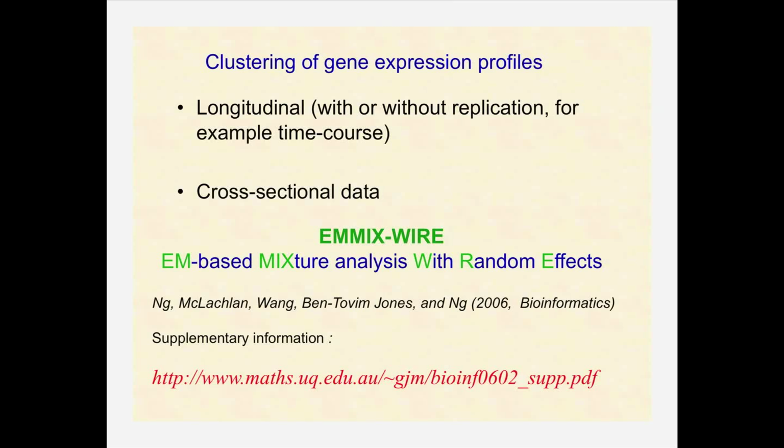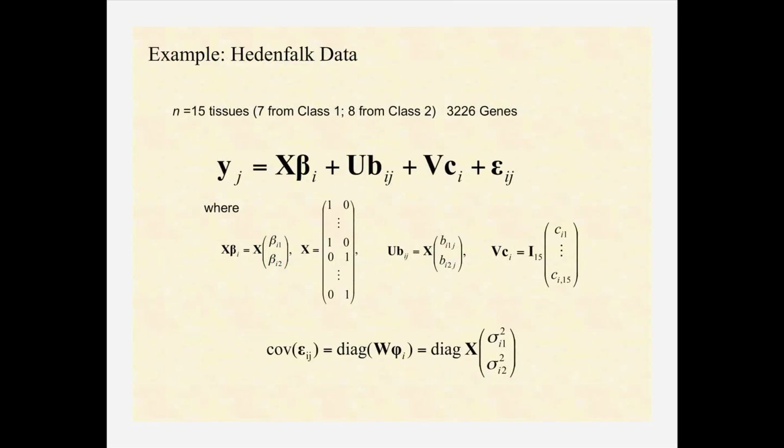We've got this program that came out in Bioinformatics in 2006 called MixFit, where the Y stands for with random effects. This is a little bit like the model that Terry put up, or similar, like a mixed model. We've got these fixed effects here, so these two terms would be the same if the gene was not differentially expressed.